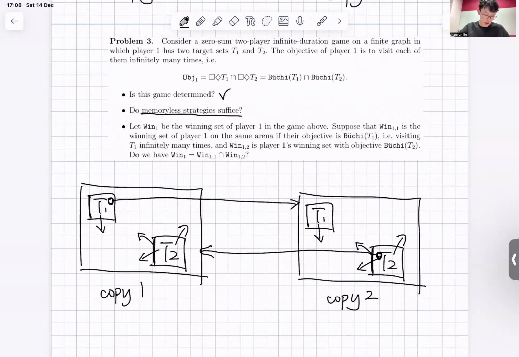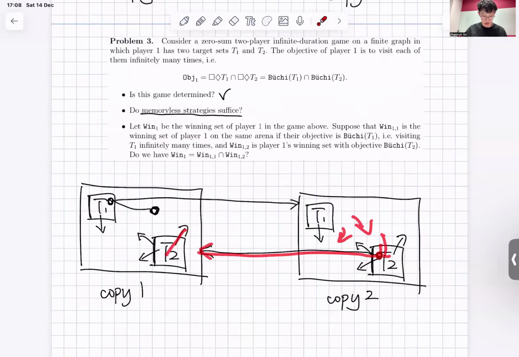Now, if we start at the first copy and we visit a vertex in T1, we will go to the second game. And then from the second game, we will keep on looking for T2. And when we find a vertex in T2, we'll go back to copy 1.